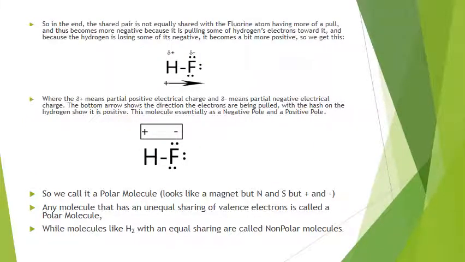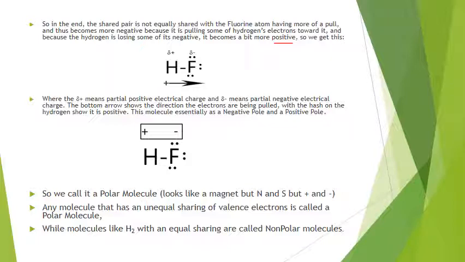So in the end, the shared pair is not equally shared anymore. Fluorine has more of the pull, and thus becomes more negative. Where it gets the negative from is the hydrogen, so the hydrogen became less negative, which means it became a little bit more positive.